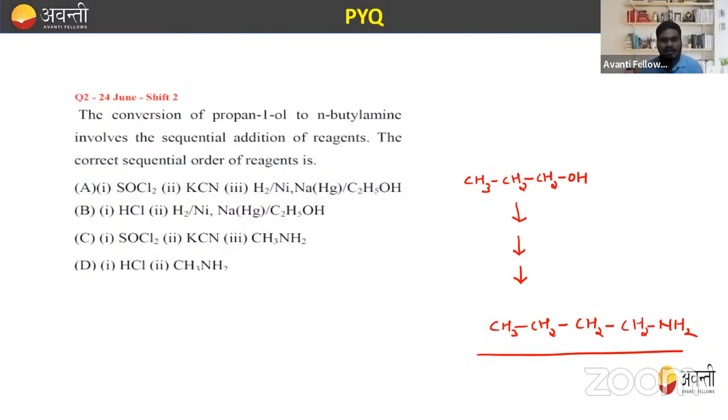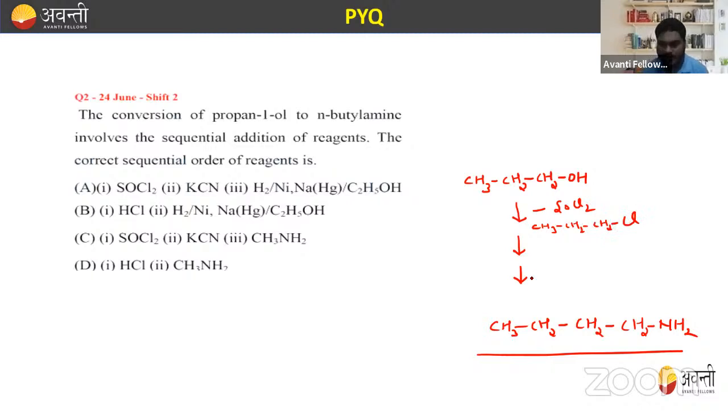When we treat with SOCl2, we know that SOCl2 is very good for the conversion of alcohol into alkyl halide. Then CH3, CH2, CH2, and Cl forms.